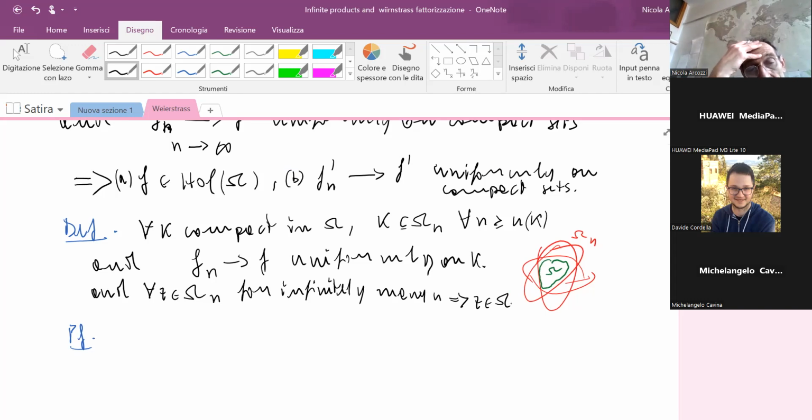So basically, I think that there should be some relation between omega n and omega, otherwise, I mean, the worst thing that can happen is that omega is empty, which is not really a problem.